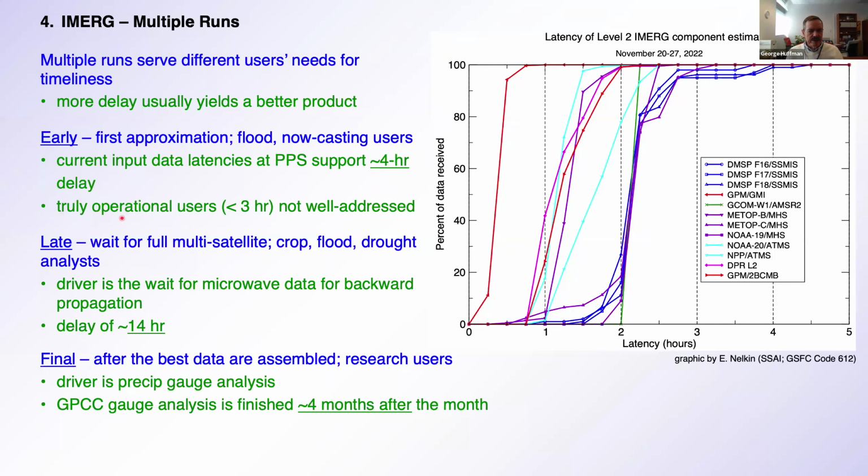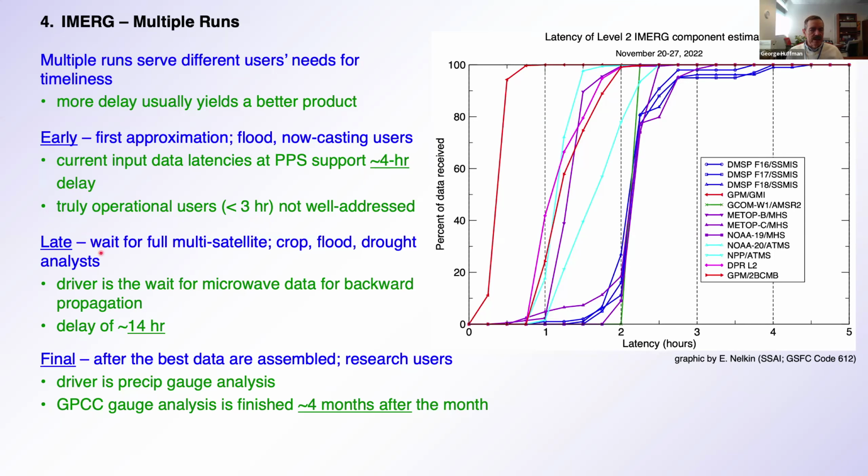And we acknowledge that the truly operational users, less than 3 hours, are not well addressed. But as a best effort system, we don't think it's helpful for the truly operational users to depend on us, because best effort means, oh well, it didn't work today. We don't have hot spares and guys with beepers.